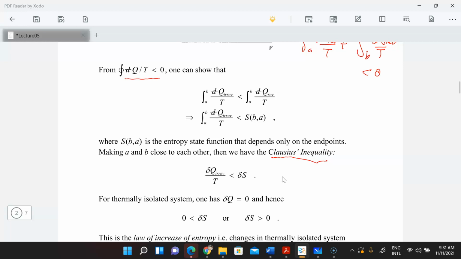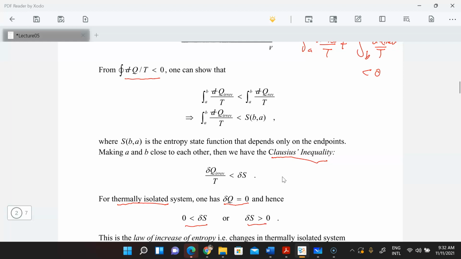Now one considers the system that we are looking at to be thermally isolated. In other words, you consider that there is no input from the surroundings of that system. So in that particular case, you have your delta Q equal to 0, and essentially that gives you 0 over here. So you get 0 less than delta S, or delta S will be greater than 0.